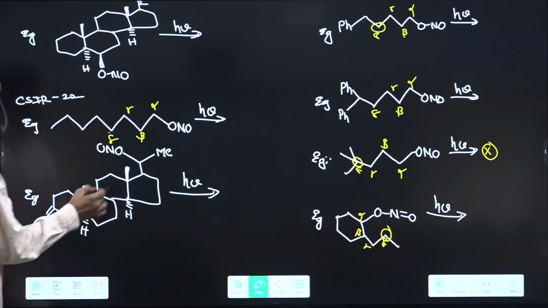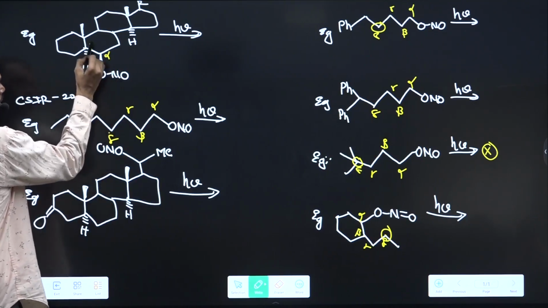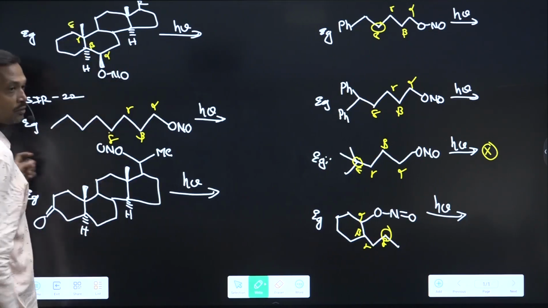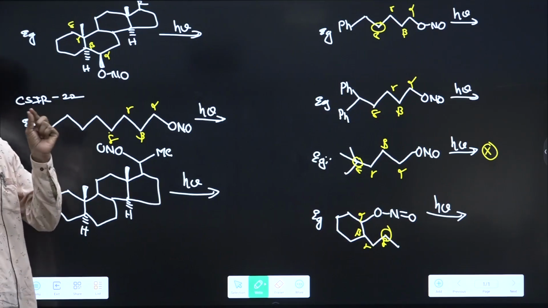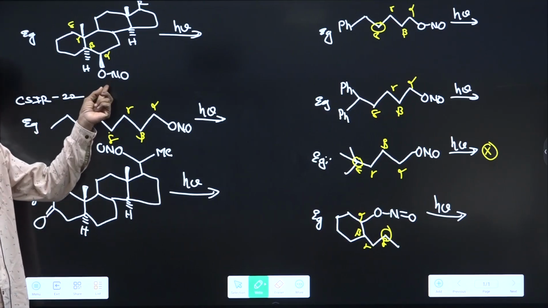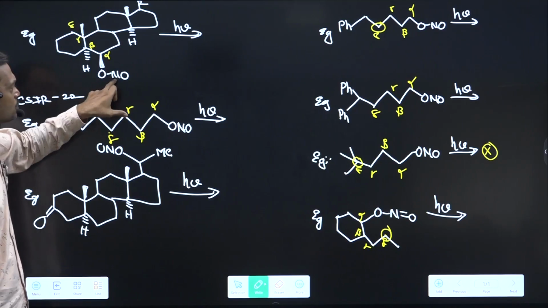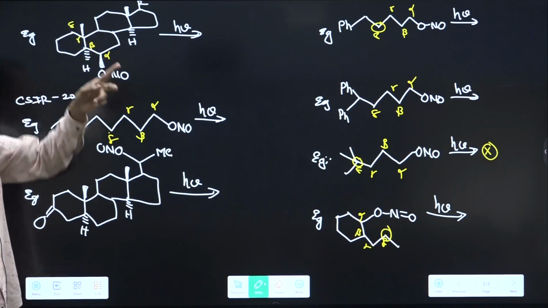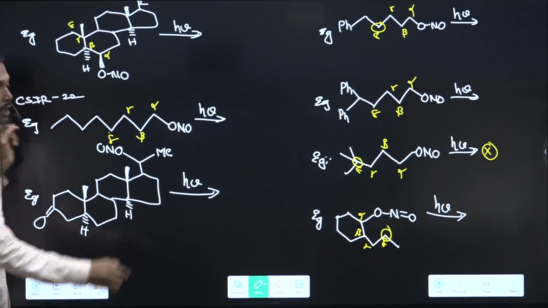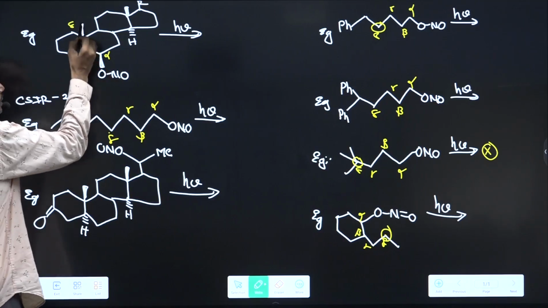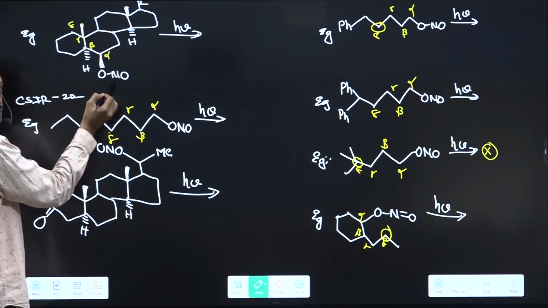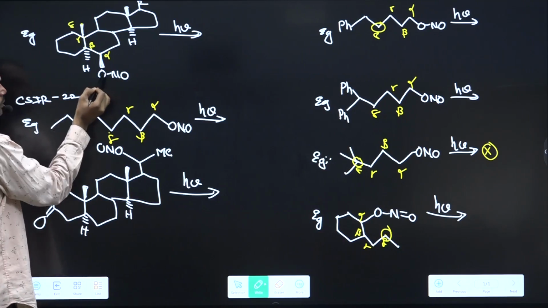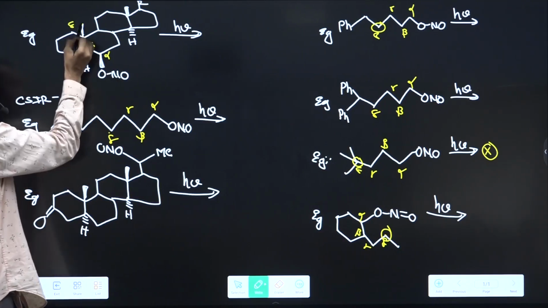Which is the fourth carbon here? Alpha, beta, gamma, delta. One point I gave yesterday: always the delta carbon hydrogen should be cis to the nitrite. If the fourth carbon hydrogen is not cis to the nitrite, that hydrogen never transfers to oxygen. Always the fourth carbon, 1, 2, 3, 4. This carbon hydrogen should be cis to the nitrite. Then only this hydrogen transfers from here and the nitrosation takes place here.